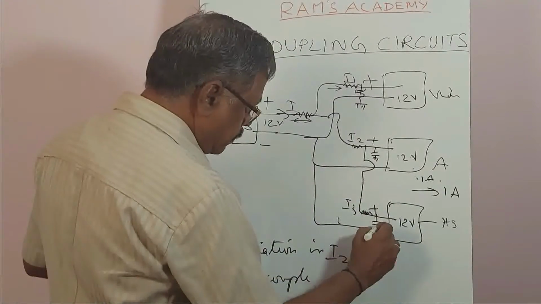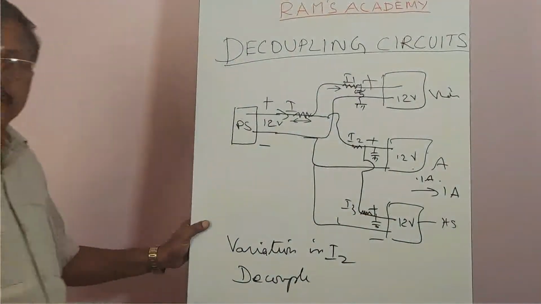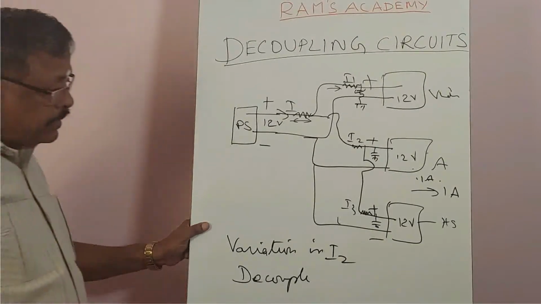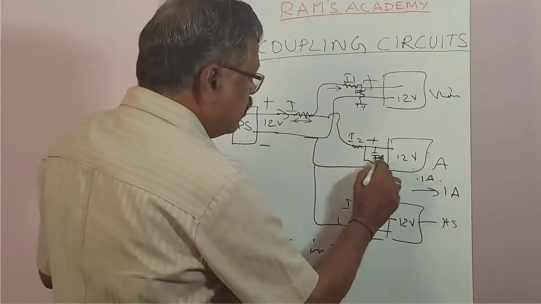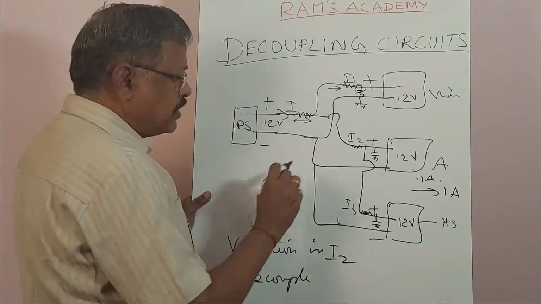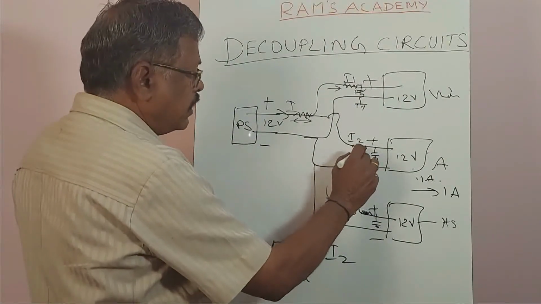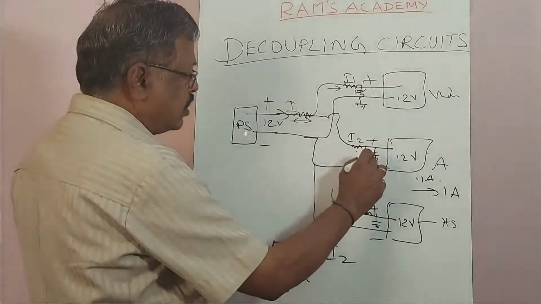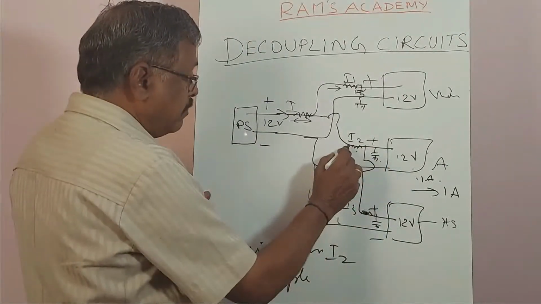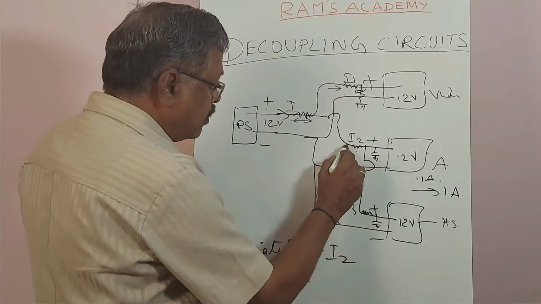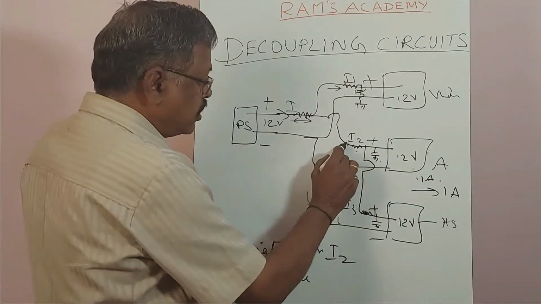This is the remedy, and that is called decoupling. When a stage draws current, it may create a drop in this resistance, and that is adjusted by the charging and discharging of this capacitor. This voltage may be changing, but not this voltage. This voltage is not changing.